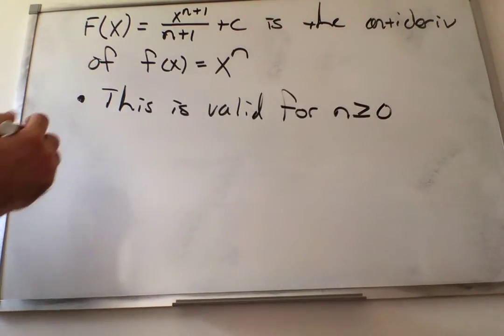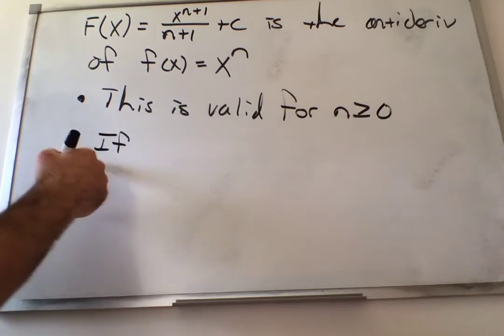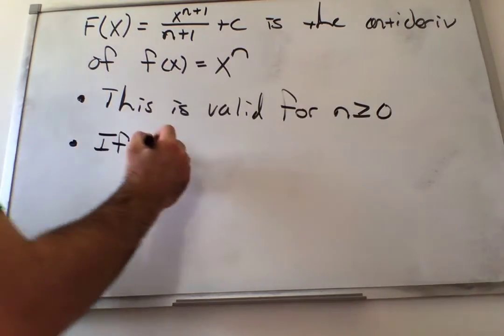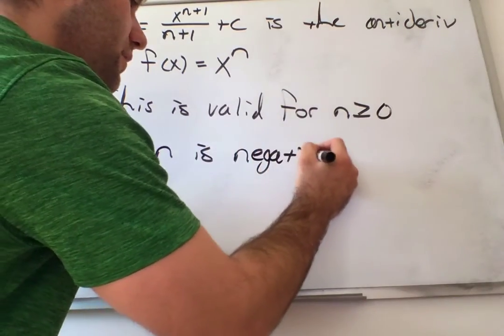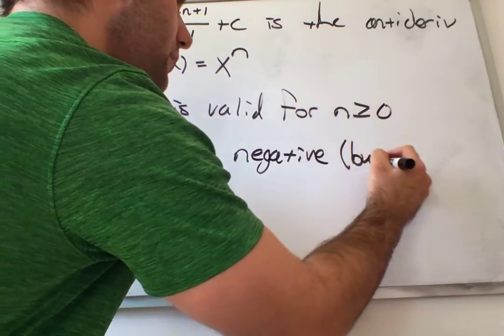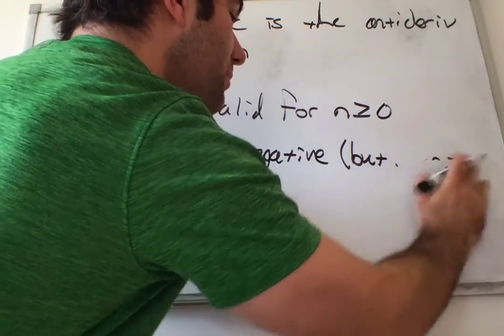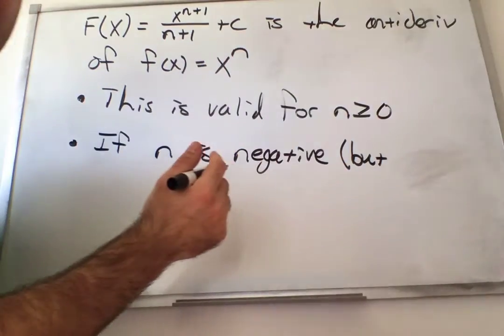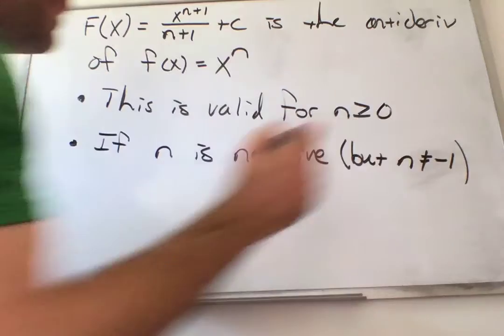Now, here's another bullet, probably more important than this one. If n is negative, but n does not equal -1, that's very important.